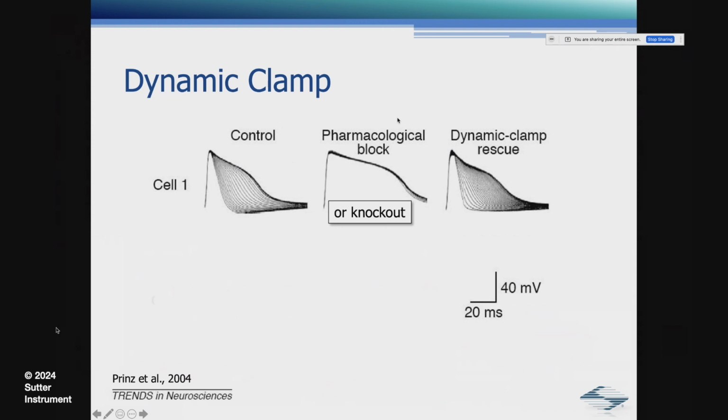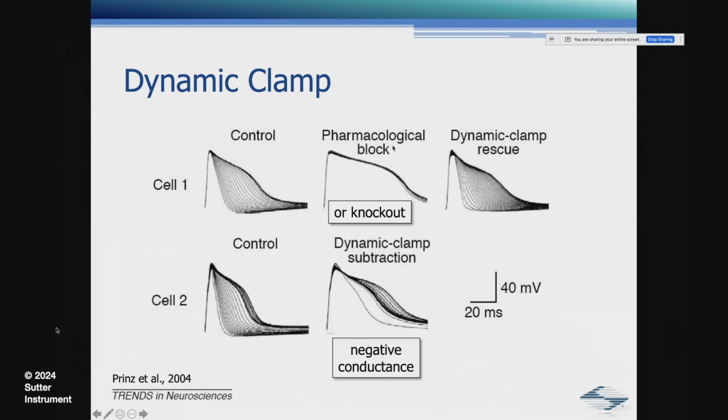Another example of how dynamic clamp can be used is by doing the opposite thing, by not injecting the currents as activated currents, but by using a negative conductance and mimicking the pharmacological block by subtracting negative currents. And again, this effect of the action potential getting longer in the course of a spike train disappears as if it was pharmacologically blocked.